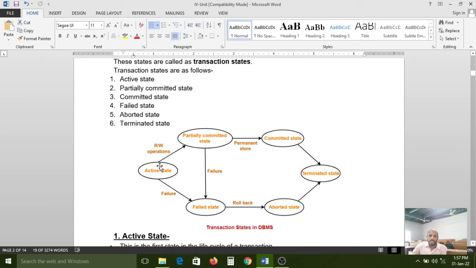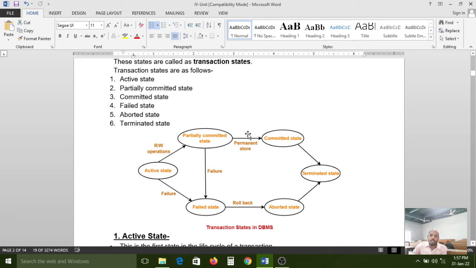If it is a successful transaction, the arrow will move up to the end of the terminated state. If it is an unsuccessful transaction, please come down from the active state. You must follow this arrow only. First it goes to the failed state, after that the aborted state, and finally the transaction will terminate itself. So if it is successful, we follow the up arrow direction.